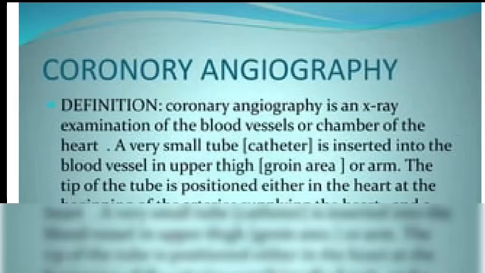So now we can look at coronary angiography. Coronary angiography is a special X-ray examination of the blood vessels or the chambers of the heart. A very small tube, that is a catheter, is inserted into the blood vessels in the upper thigh region or on the arm.